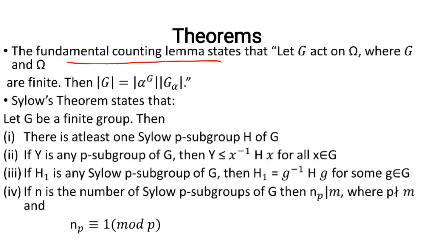The fundamental counting lemma states that, let G act on the set, where G and the set are finite, meaning you can count them, because we need a group action for this to happen. Then the order of G is equal to the order of the stabilizer times the order of the orbit.